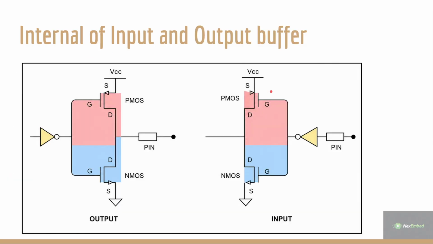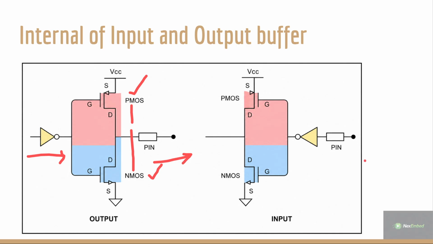So this is the configuration of the components which are present inside the buffer. This is the output buffer. Inside the output buffer we have CMOS technology, it has the PMOS as well as the NMOS. Output in the sense, from the MCU it is going to reach the external device.